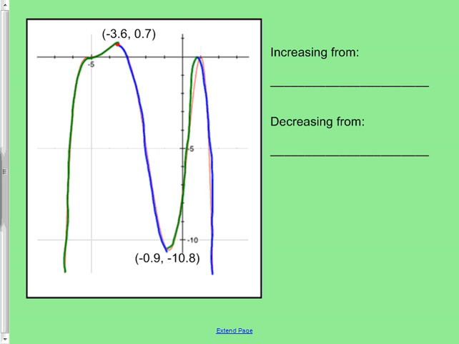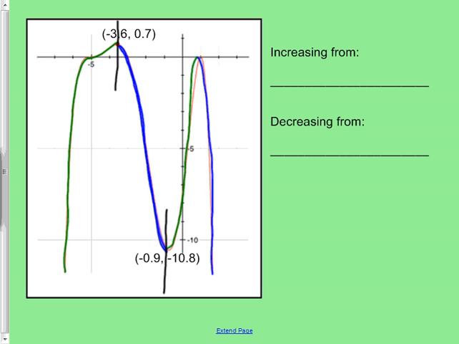Now, how do you say it mathematically? What we're saying is it's increasing or decreasing. Like, I'm going to pick this area right here. And I'm going to say it is decreasing from here to here. Now, those lines that I just made, those are x equals things.